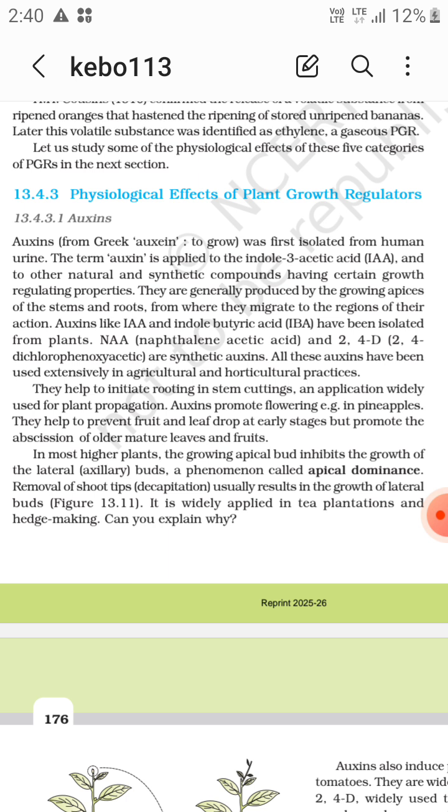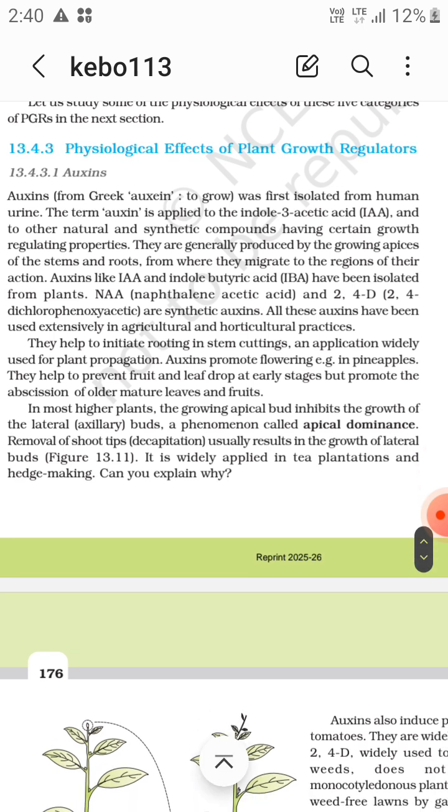All these auxins, synthetic and natural, have been used extensively in agriculture and horticulture practices.